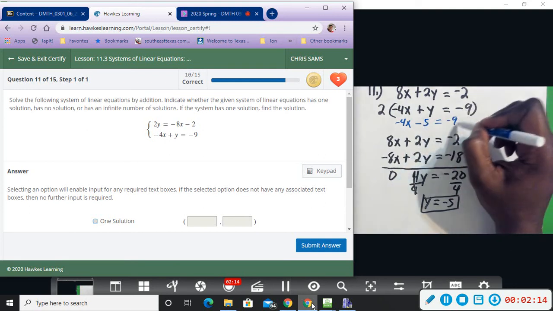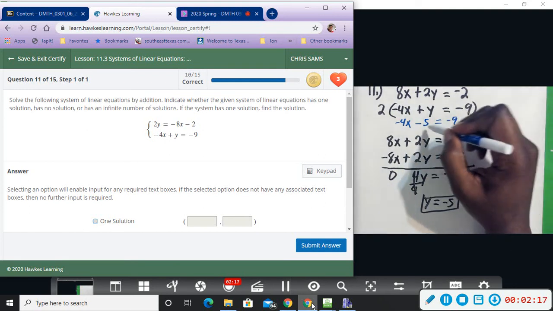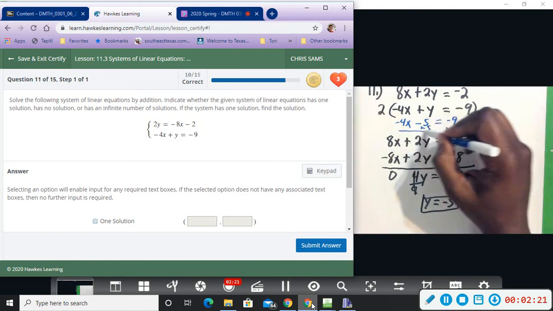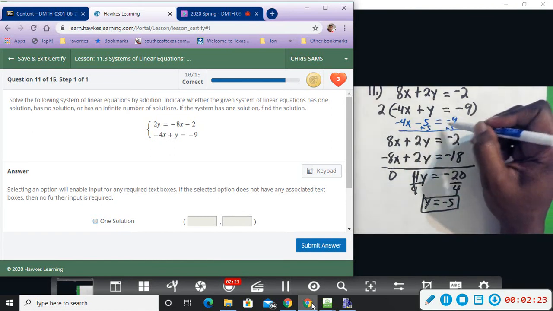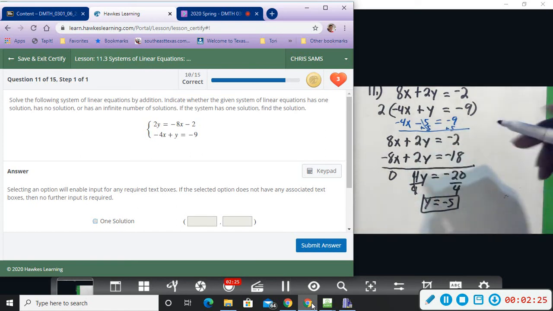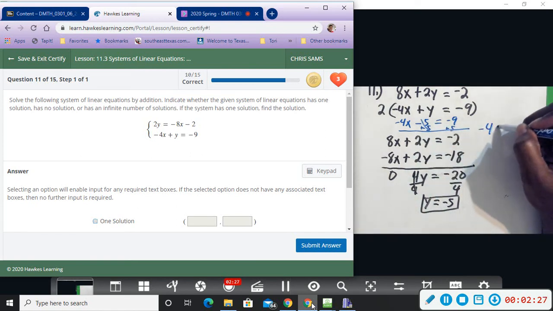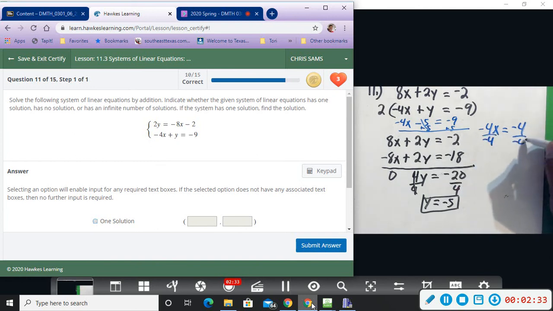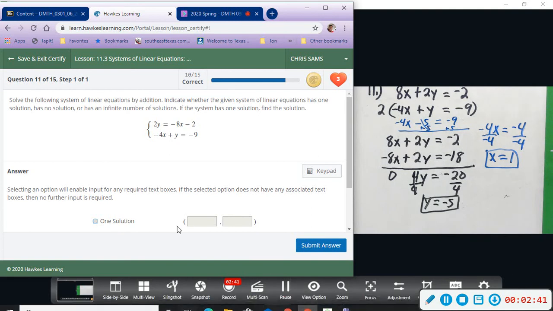If we add 5, adding 5, that will be negative, that goes away. So we will be left with negative 4x equals negative 4, and divide by negative 4, and we get x equals 1. So we got x is 1 and y is negative 5.